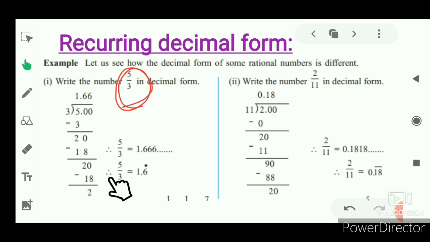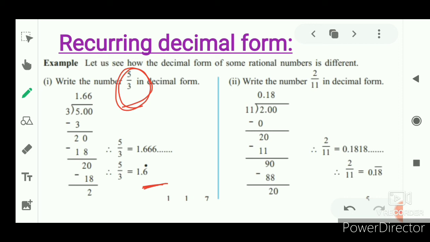So the decimal form of 5 by 3 will be 1.6666, or 1.6 with a dot. It means that 6 is repeating again and again. So such type of decimal forms is called recurring decimal forms.